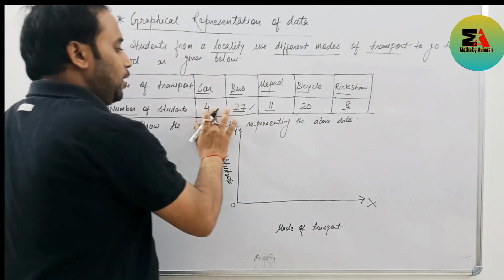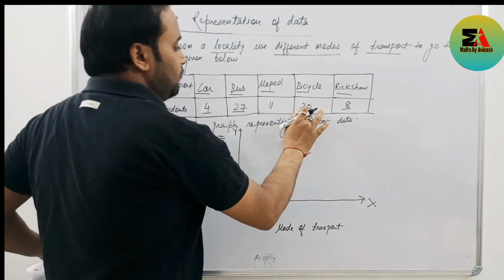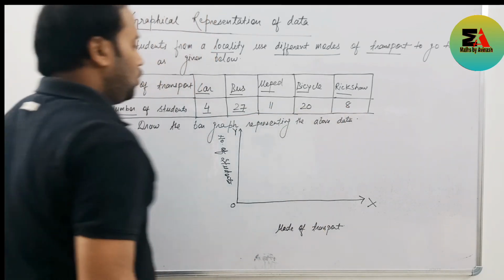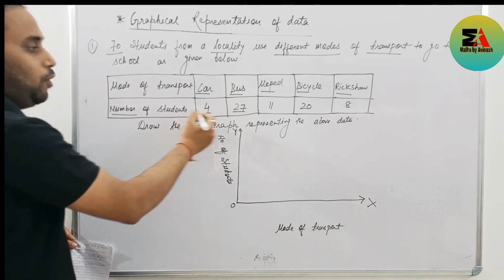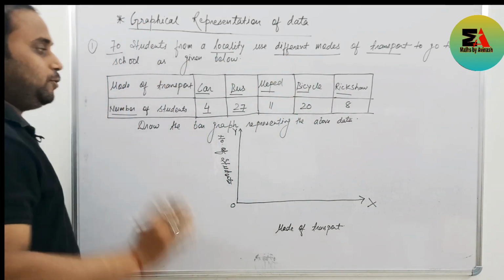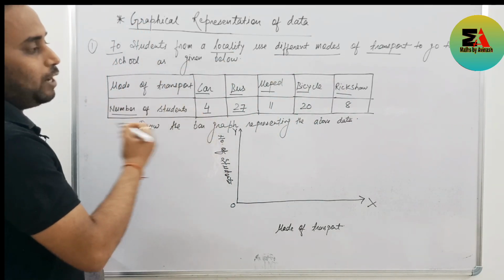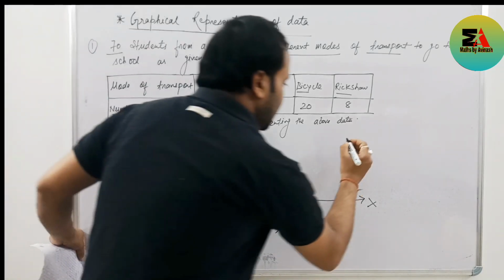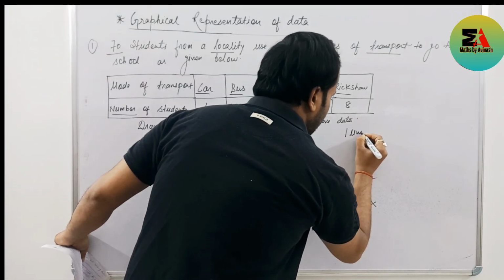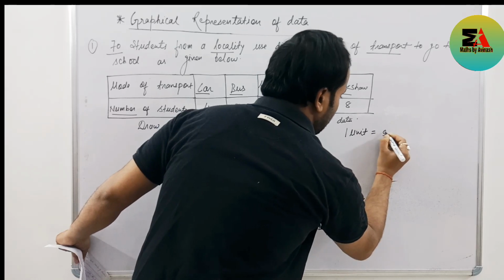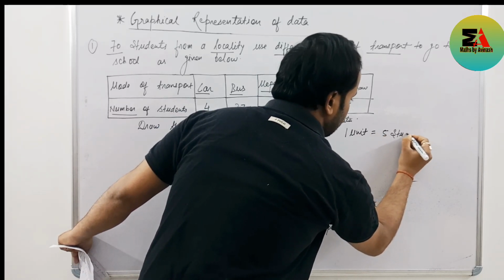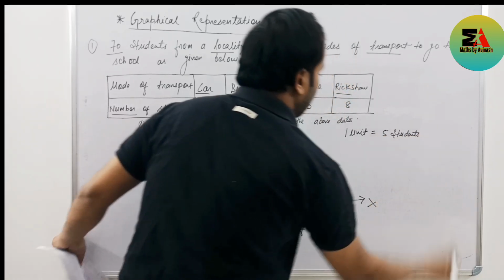Some very important points are there. How do we take a scale? Always take a scale according to the data value. The minimum data value is 4 and the maximum is 27. So here you have to write what? Take 1 unit equal to 5 students. This one is a very important point.